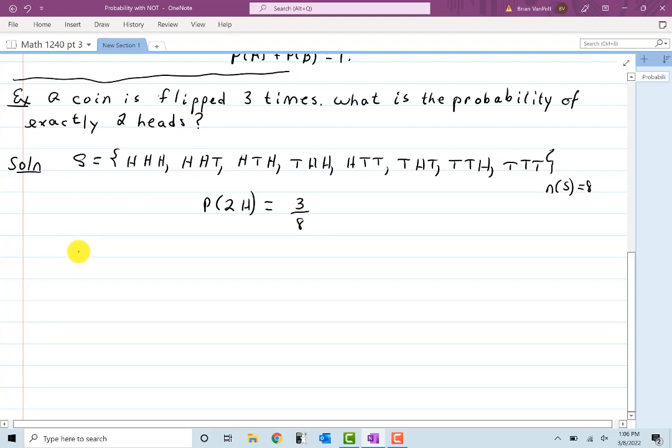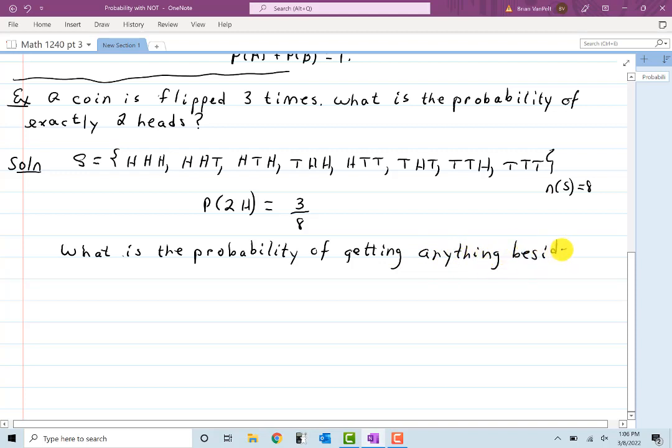Now that we have that, what is the probability of getting anything besides 2 heads? So this is what we have to take a look at.